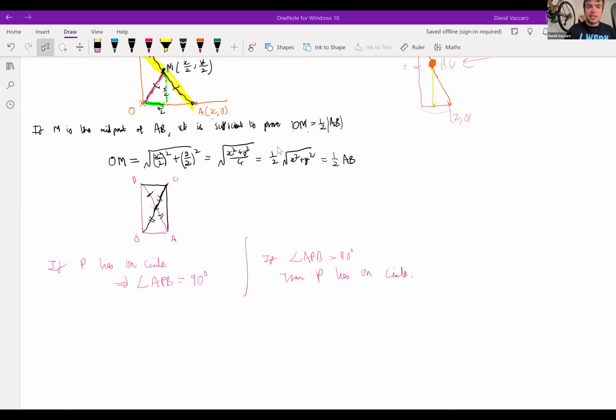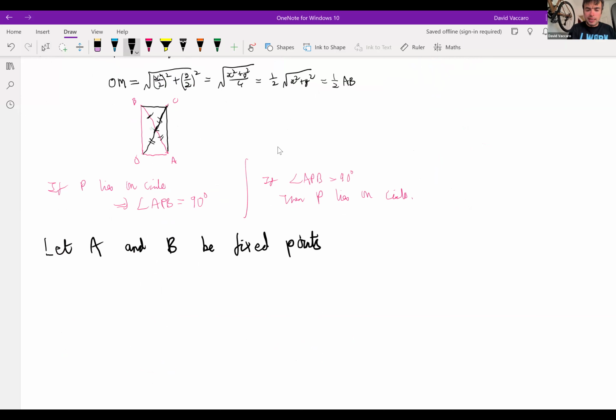If you want an extension to this problem, I'm just going to tweak it slightly. Okay, and I'm now going to give you a new locus. I'm going to say let A and B be fixed points. And now what I'm going to tell you is that the set of points P satisfy the angle APB equals 20 degrees.